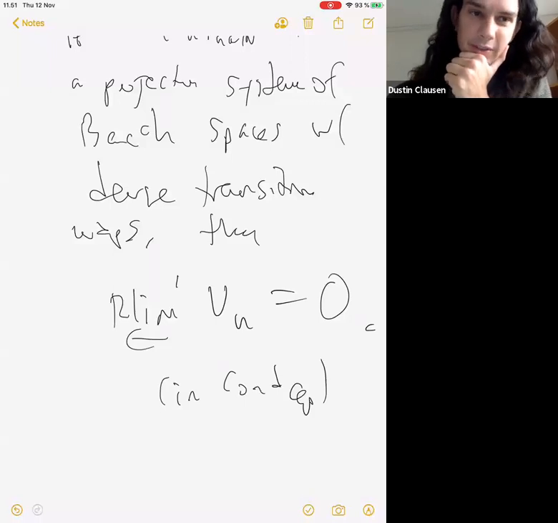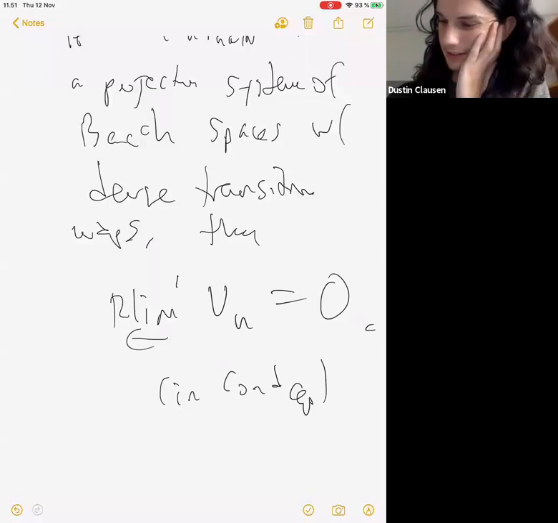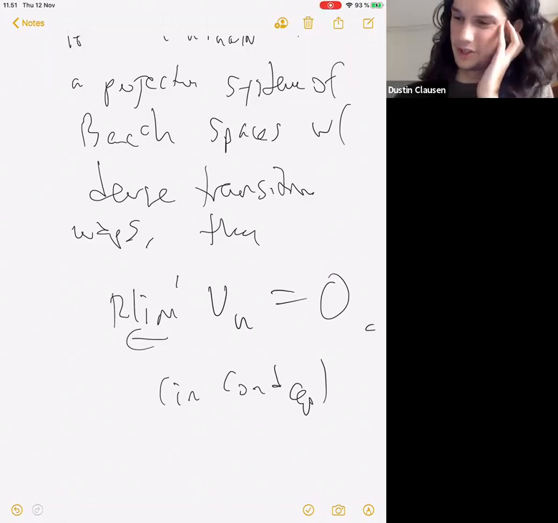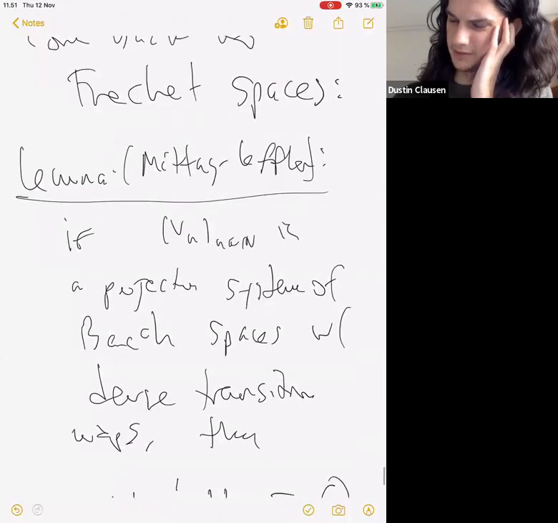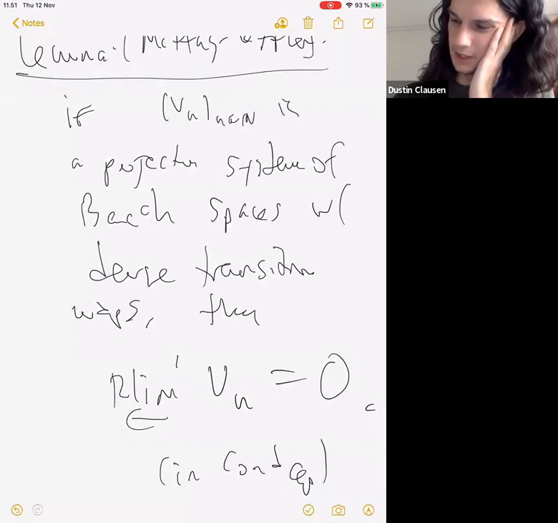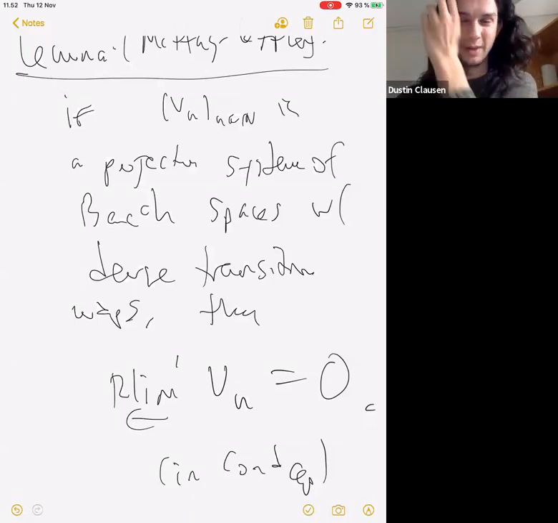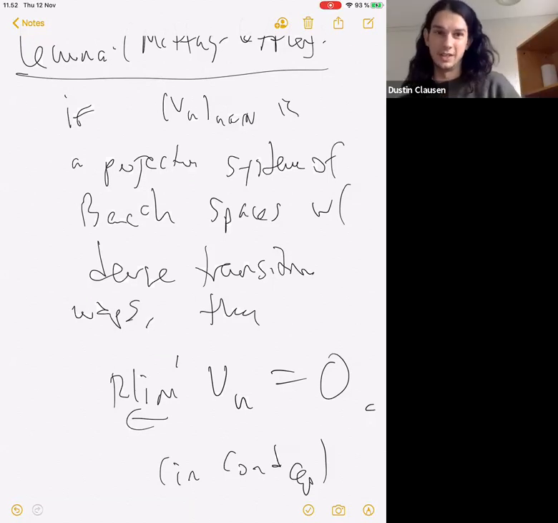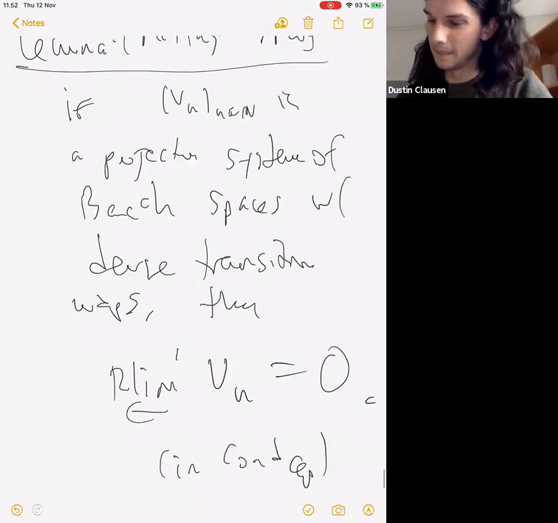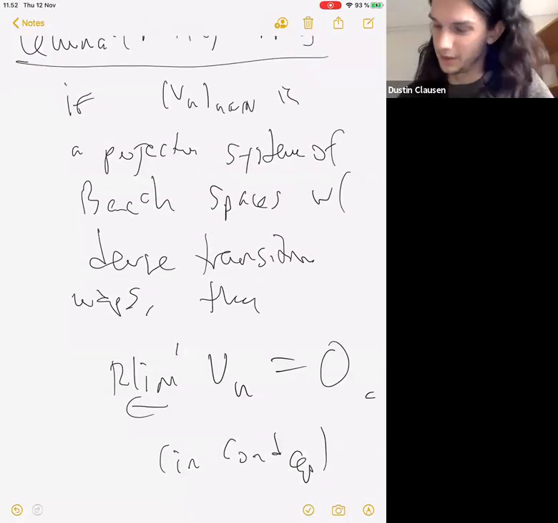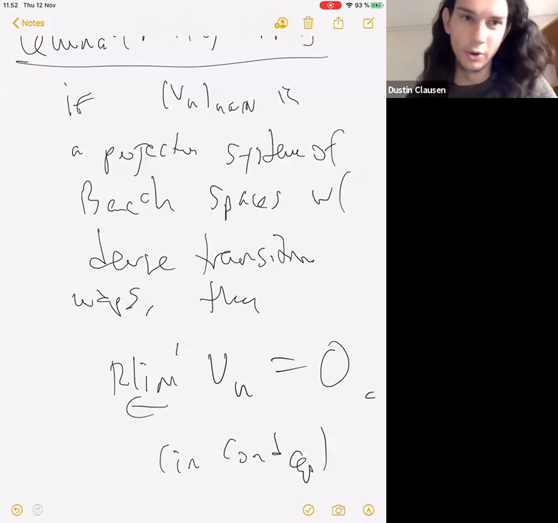On the level of underlying vector spaces, so underlying abelian groups, this is a version of the Mittag-Leffler theorem, which you can find in one of Bourbaki's books. It holds more generally with complete uniform spaces and dense transition maps; then you get the vanishing of the lim 1. But it's the classic Mittag-Leffler argument. That would prove it on underlying vector spaces, but in fact, on S-valued points, you just get the same thing again.